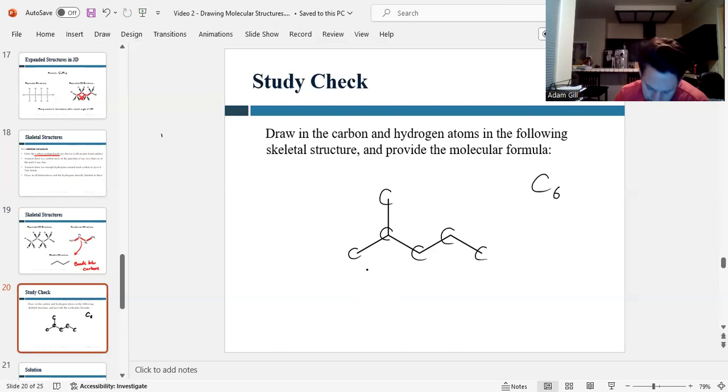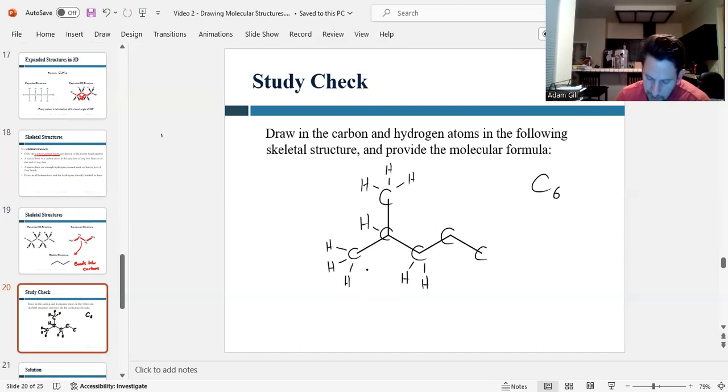This carbon here has 1 bond shown, which means he needs 3 more. Those have to be hydrogens. This carbon has 1 bond shown, which means the other 3 bonds have to be hydrogens. This carbon here in the middle has 3 bonds already, so he only needs 1 more. This carbon has 2 bonds already, so he needs 2 more.